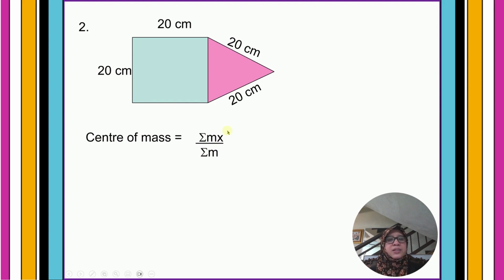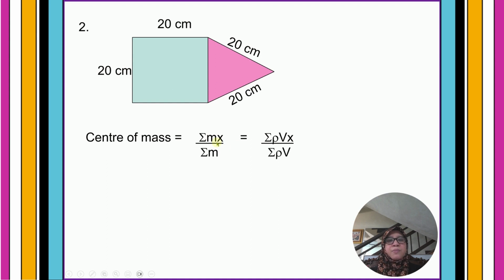We find the center of mass horizontally, meaning along the x direction, because the two plates are arranged side by side and each of their centers of mass is at its center. So we use just the x axis, the horizontal position.